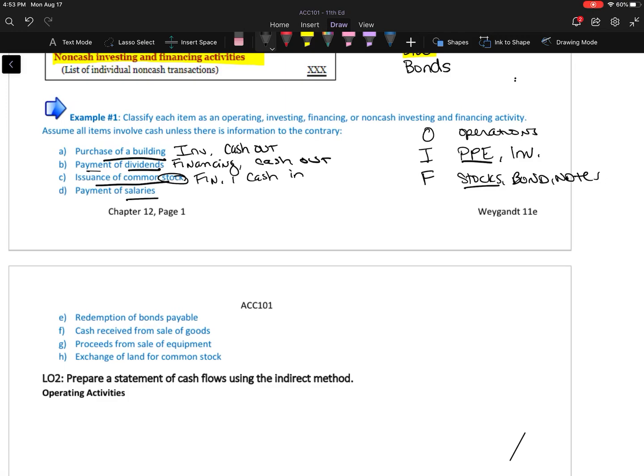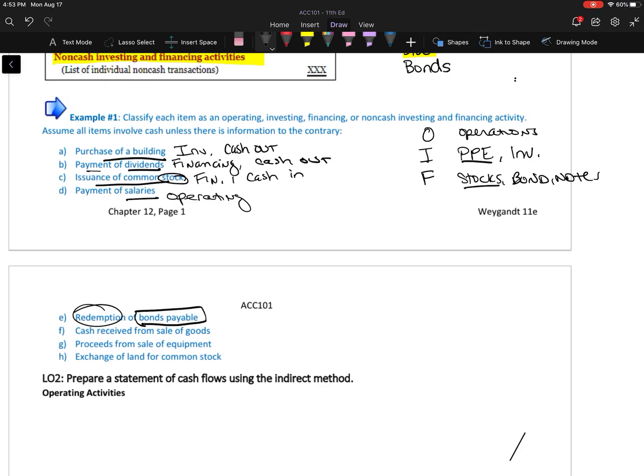If you issue common stock, that's a stock activity. It would also be financing, but this would be cash in. Payment of salaries, that's a regular operating activity, and it would be a cash out, but I'm not going to list it that way for operating. Redemption of bonds payable.